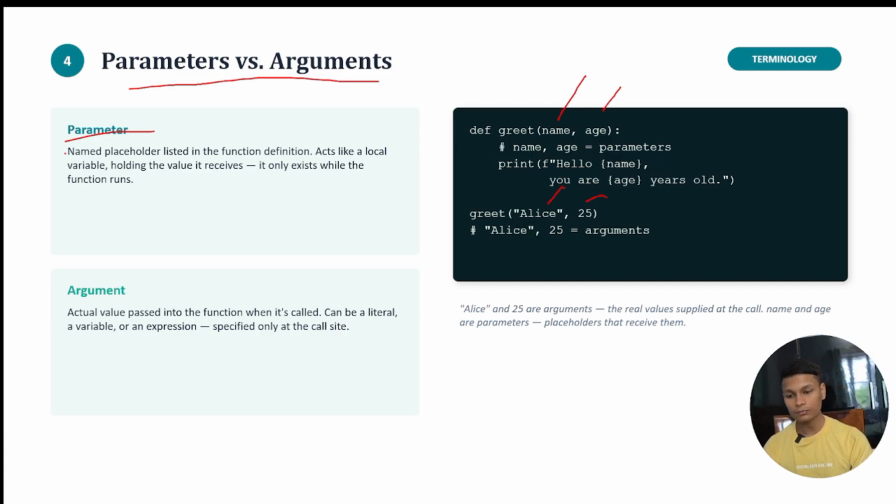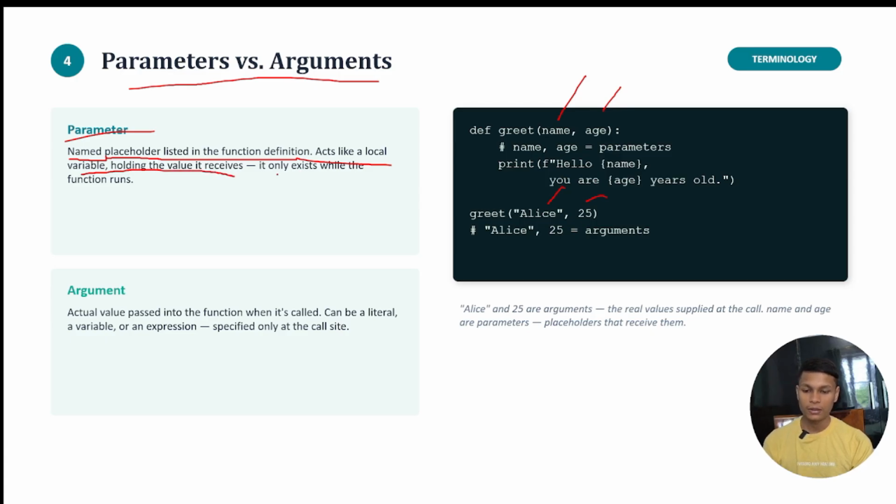What is a parameter? A parameter is a named placeholder listed in a function definition. It acts like a local variable holding the value it received.